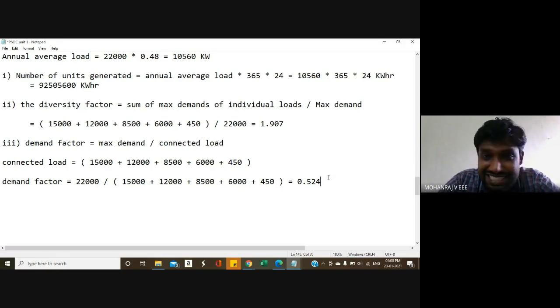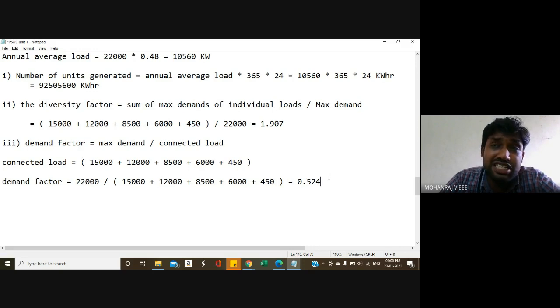What you have observed is right, very good. In this particular case, coincidence factor and demand factor are equal. But they are not always equal, because they are two different terms. Coincidence factor is equal to maximum demand by the sum of maximum demands of individual loads.